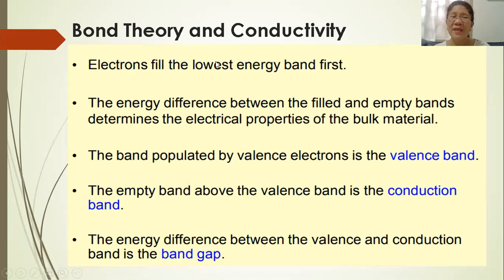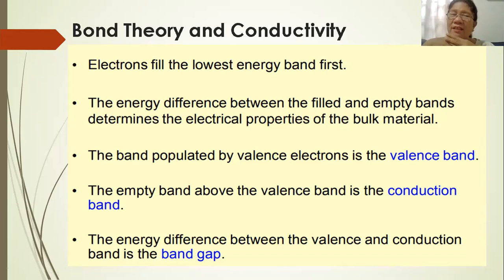For the band theory, what do you mean by band theory? The band theory has something to do with the addition, at the same time, the kind of atom wherein it will counteract or it will combine. Okay, that is the band theory and conductivity.